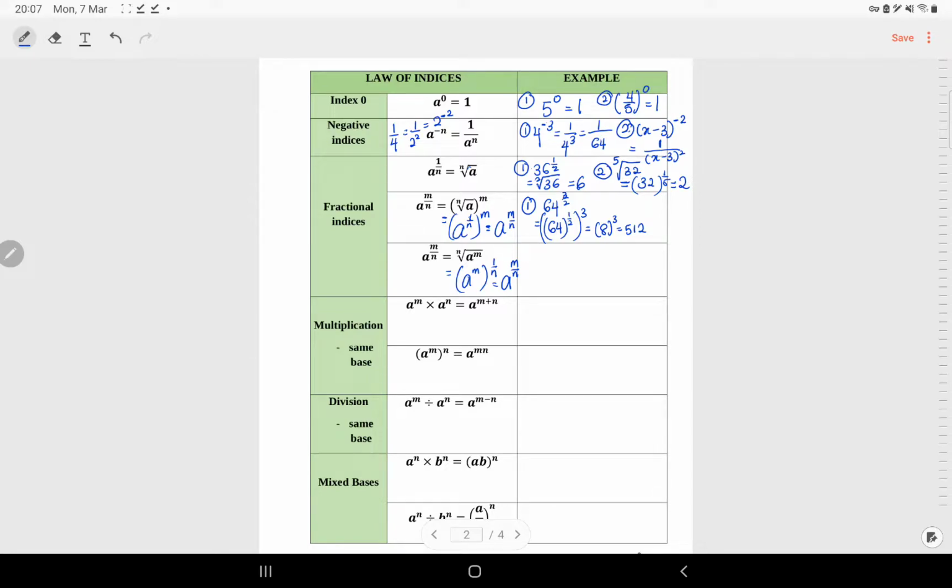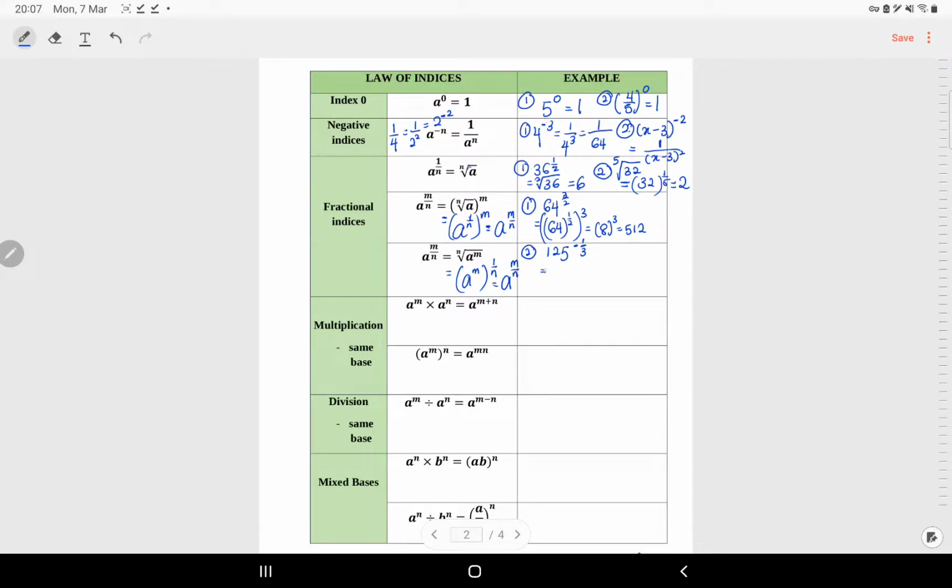I can give you another example. Let's say we have 125. I'm going to use a negative power now, negative 1 over 3. When you have a negative power, look at the second rule here: a to the power negative n equals 1 over a to the power n.